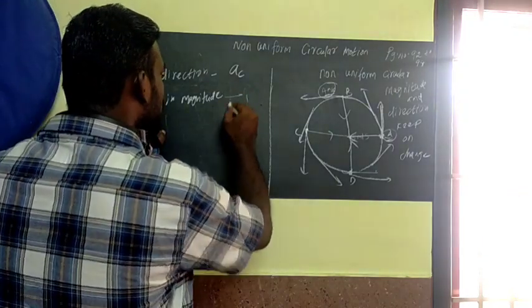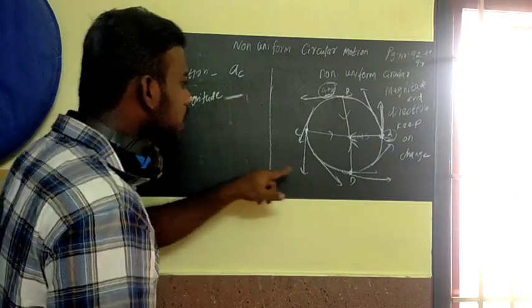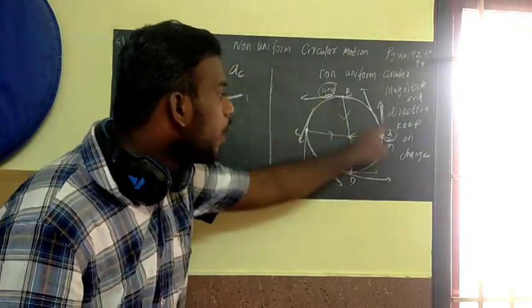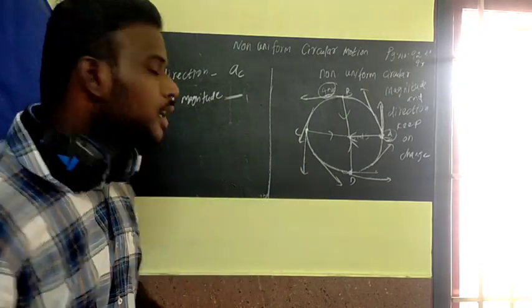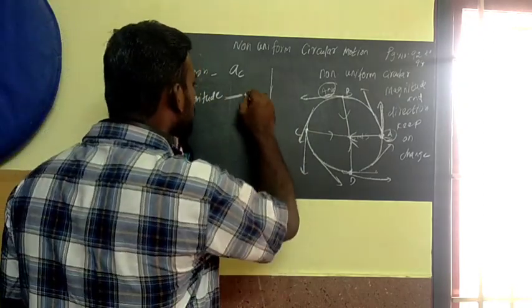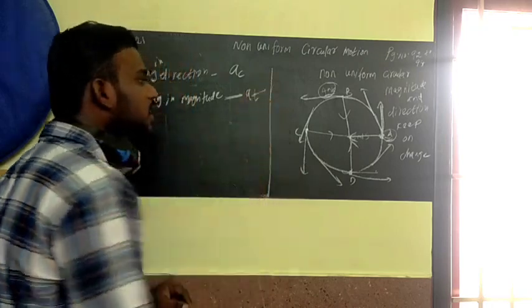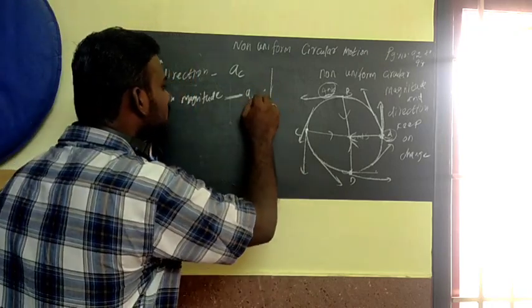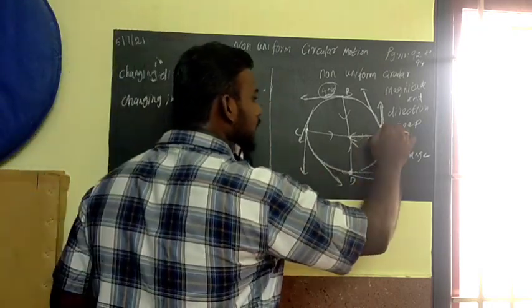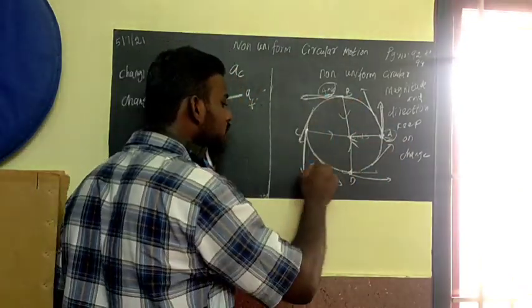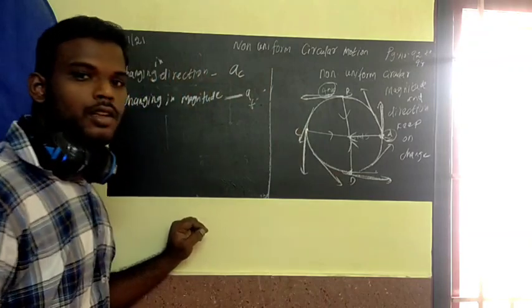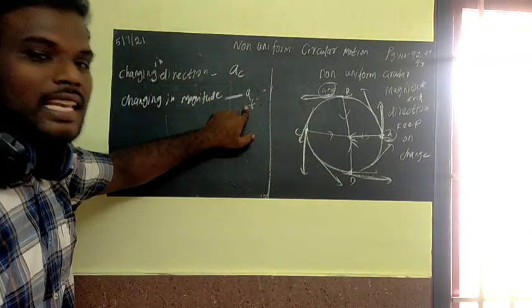But this time there is an acceleration due to change in the magnitude of the velocity. The direction of that is always tangential. That's called tangential acceleration, which means the direction of acceleration at any point will be tangential. Is that clear, boss? It's called tangential acceleration.